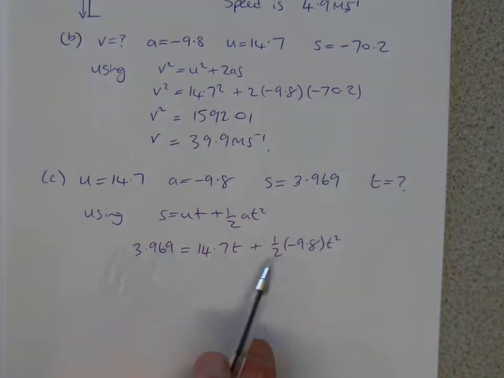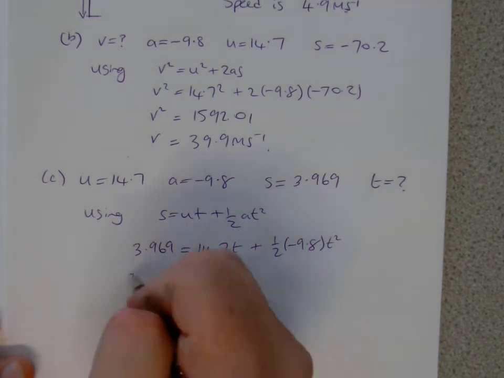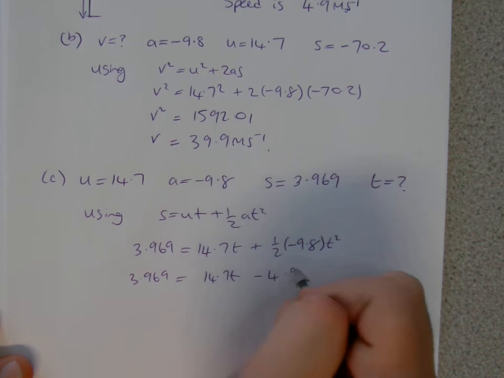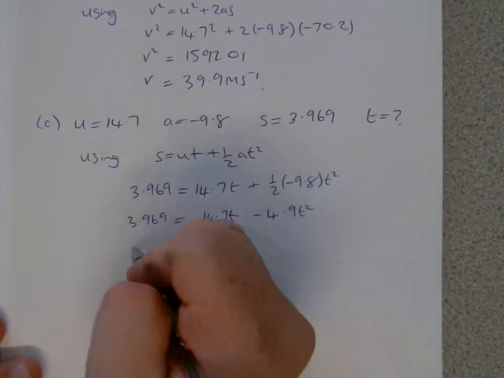Now I'll simplify this, so I'll have 3.969 equals 14.7T minus 4.9T squared. Get it all onto one side.